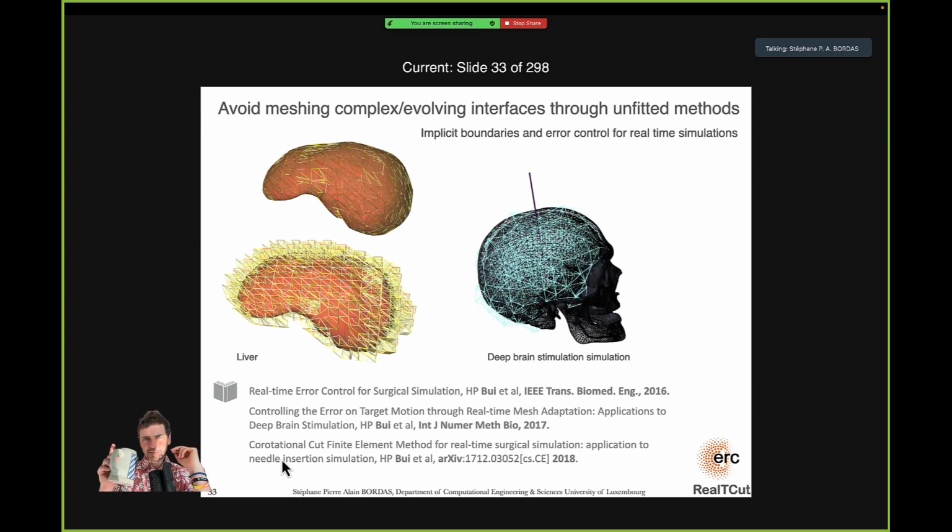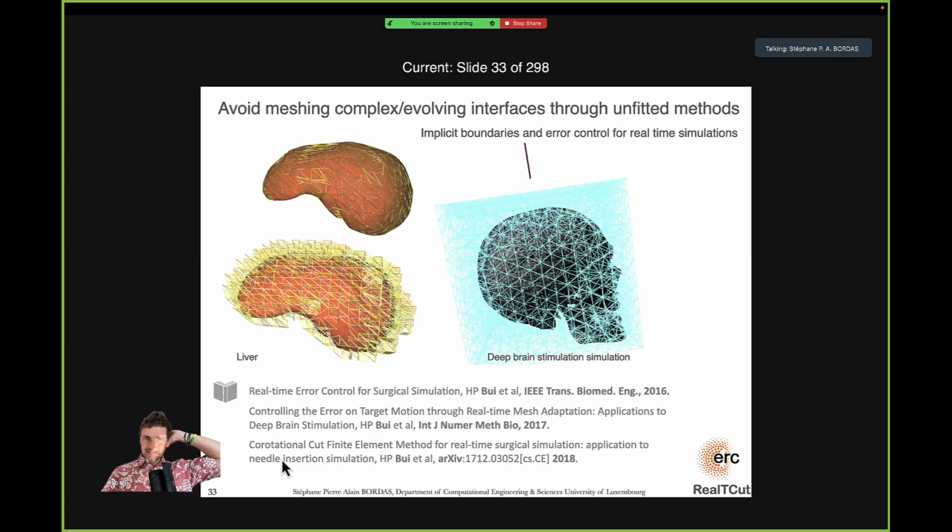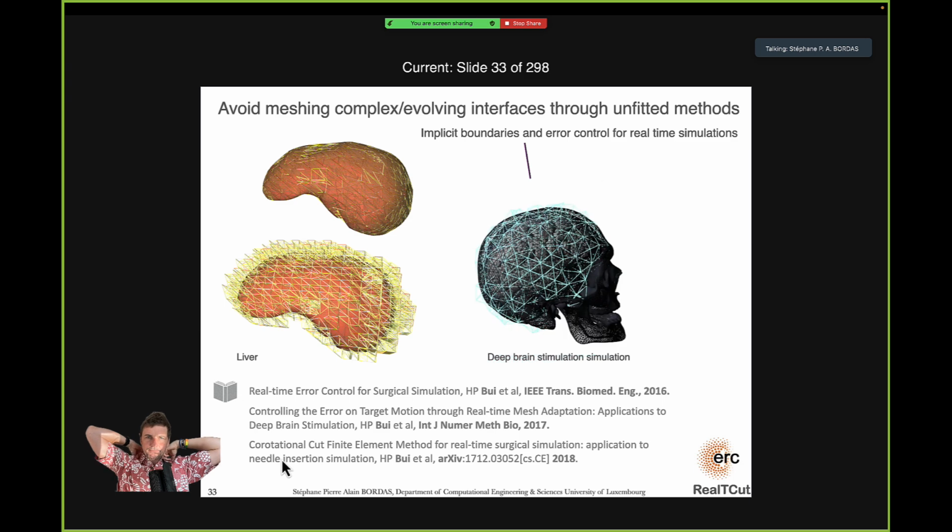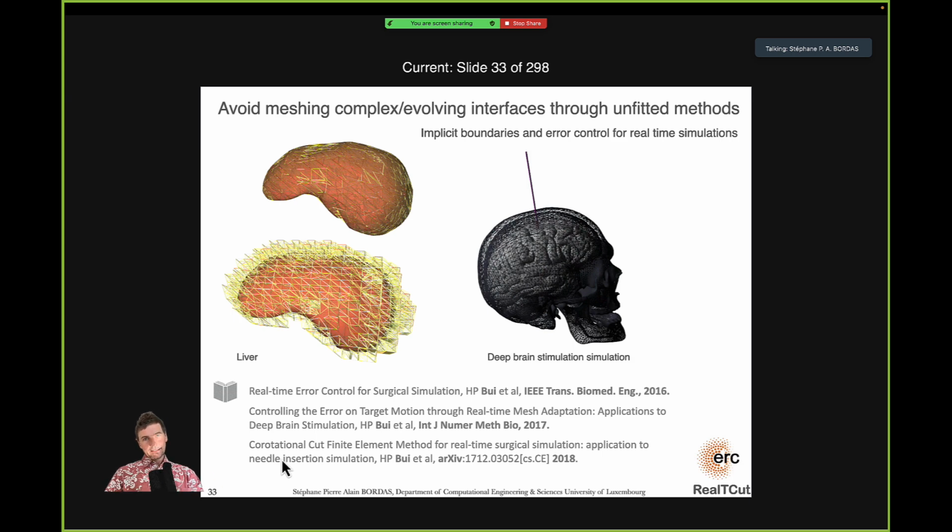So again, I repeat, what we do here is that we are able to, in real time, adapt the mesh to the problem at hand. So that, I think, had not been done.